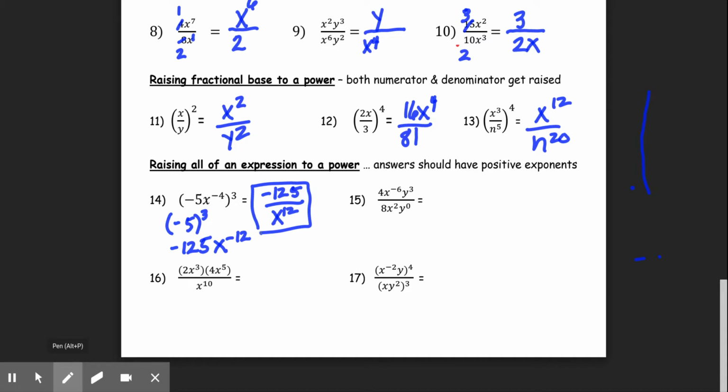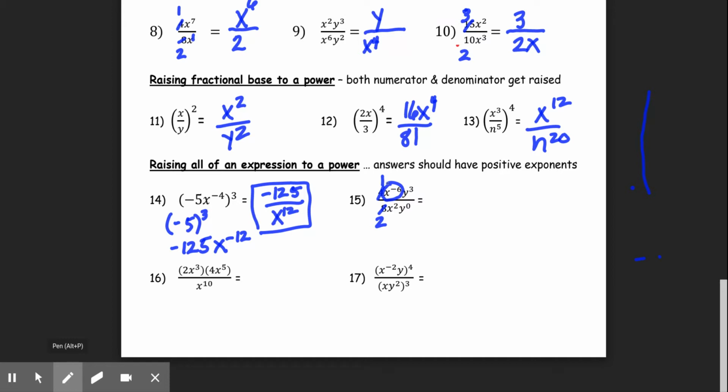Number 15, we can reduce the 4 and the 8, so this will become a 1 and this will become a 2. That x to the -6th, we're going to move down, okay?